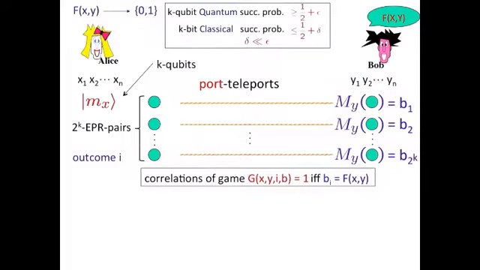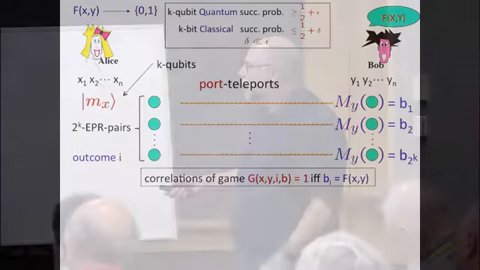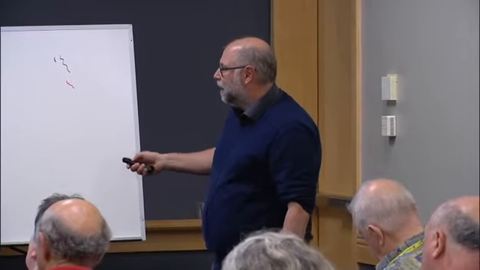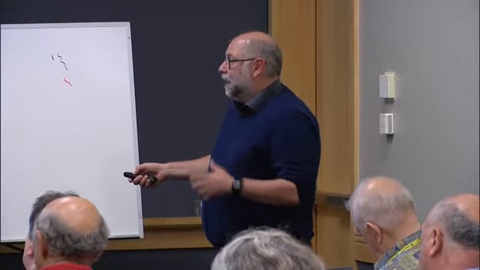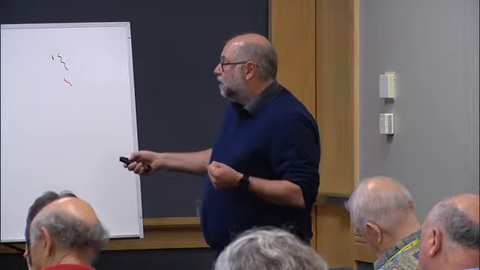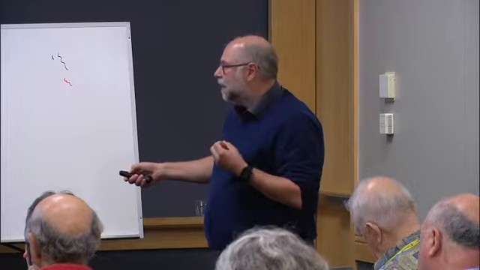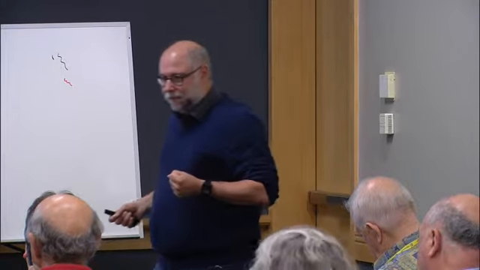And this is precisely the correlations of the game. It's fairly easy. So the game matrix on x, y and outcome i and list b is 1 if and only if the i-th one really is the value f(x,y), and it's -1 if the i-th one is not f(x,y).